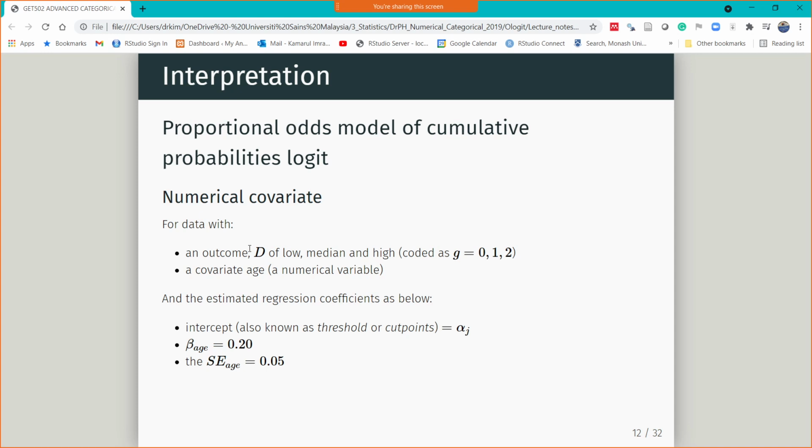And we run this proportional odds model, or cumulative link logit model, or ordinal logistic regression, they are all the same. And assuming we have an intercept of alpha j, and we have a beta value of 0.20 and a standard error of 0.05.